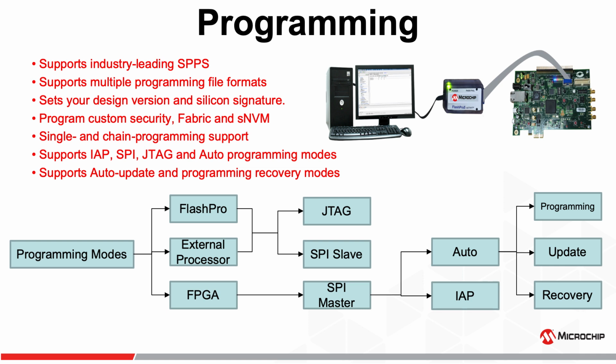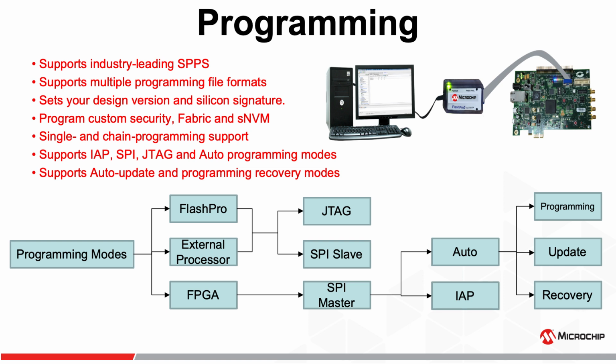If the external SPI flash has three different bit streams, version 1, version 2, and version 3, it will program the latest, highest version available in the external flash, which means the version 3 bit file. That is called auto programming. If you are programming a blank device for the first time, that is called auto programming.